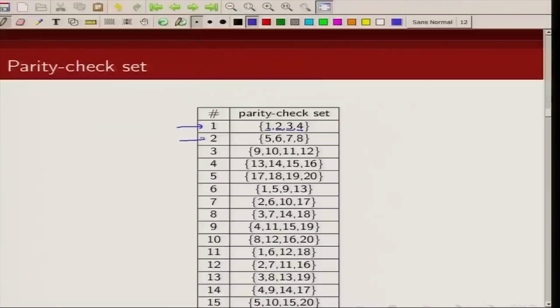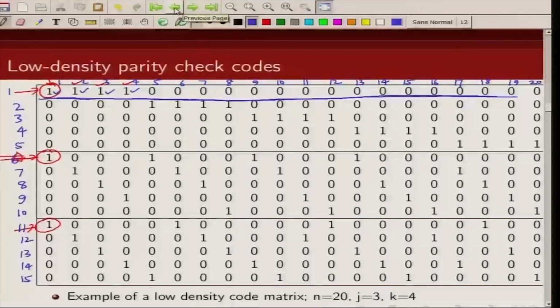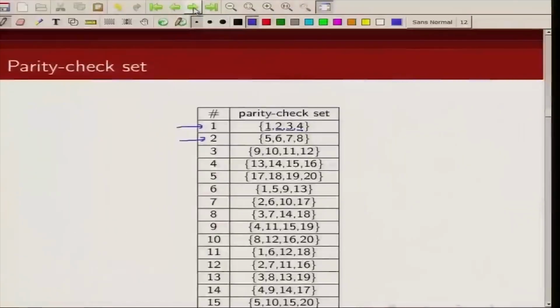Similarly, for parity check set 2, bits number 5, 6, 7 and 8 are participating, so the parity check set will have 5, 6, 7 and 8. Similarly, parity check set 3 has 9, 10, 11, 12.